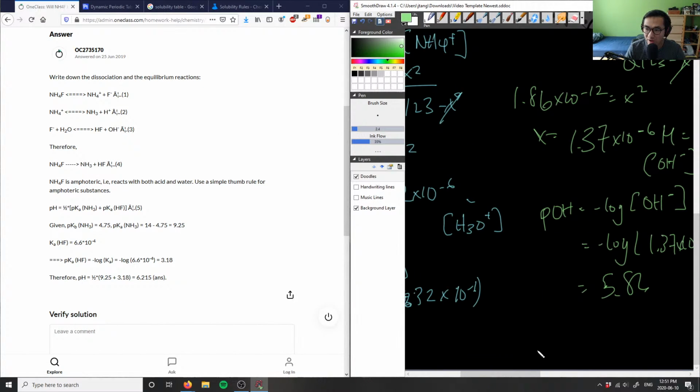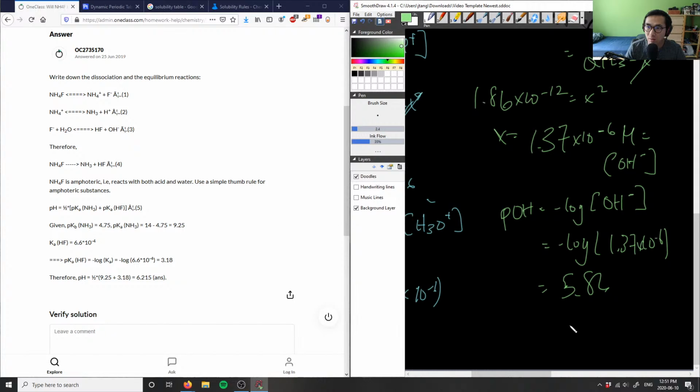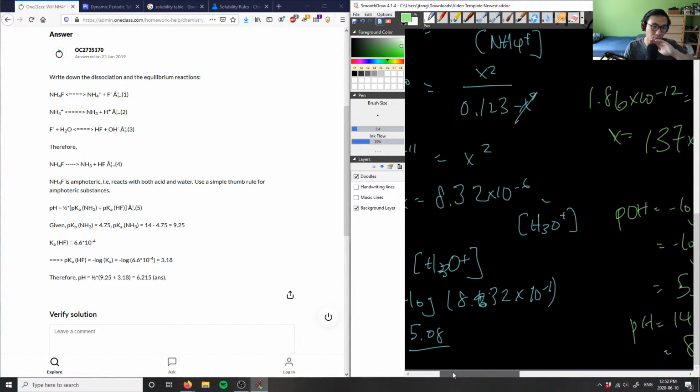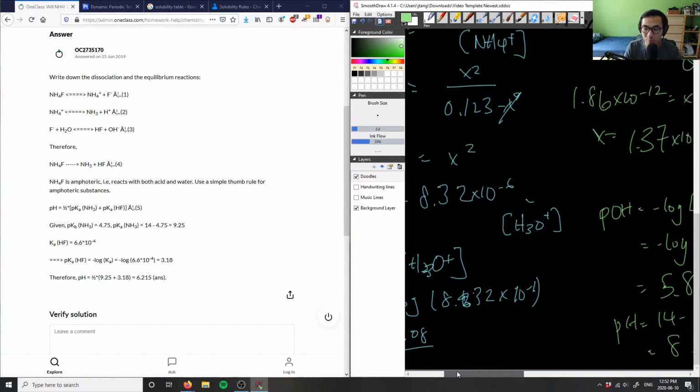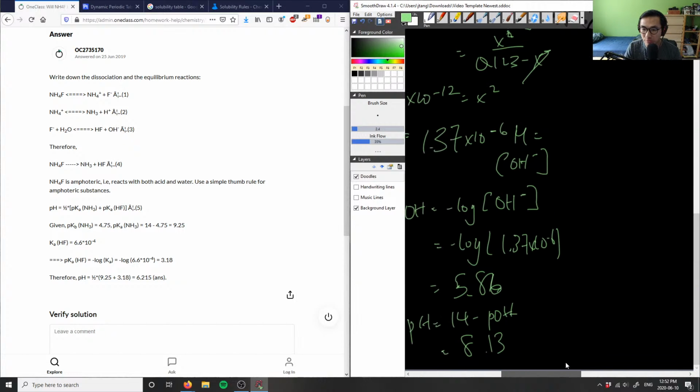So let's see, I have 5.86 for this guy here. So pH would be 14 minus pOH, which is simply 14 minus that number, which is 8.13. So I have here 8.13 and 5.08. So it should be halfway between these two values here.